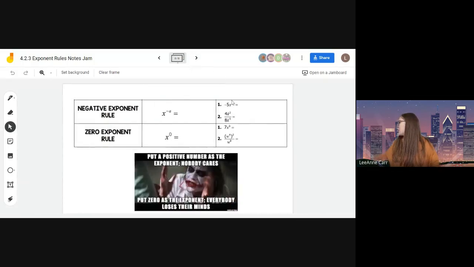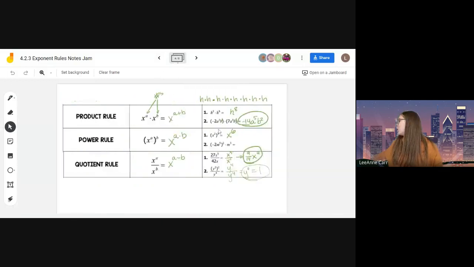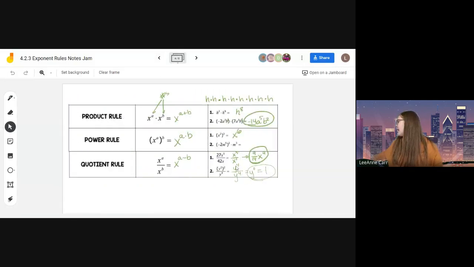So let's move on. I'm actually going to skip to our 5th rule. So we're going to skip down to the 0 exponent rule, and this is what we just showed. And this is something that we're just going to have to memorize because it's one of those weird math rules. We said, okay, when we subtracted our 4s, we got 0, but also we know that y to the 4th over y to the 4th equals 1.